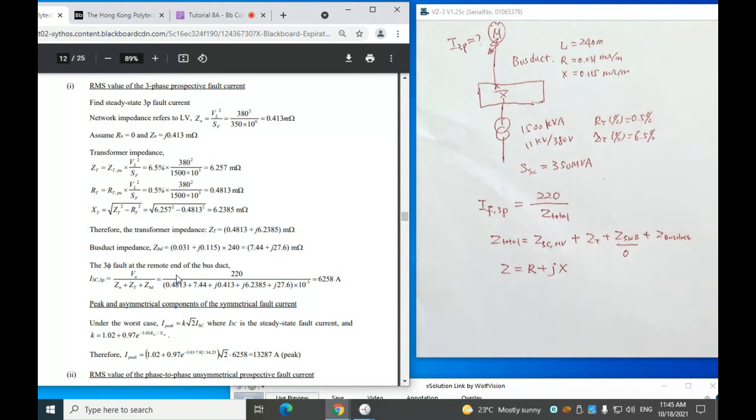This one is the total impedance, the absolute value of Z. Then we can find the resistance, because the percentage of resistance is given. In a similar way, it is equal to 0.4813 milliohm.